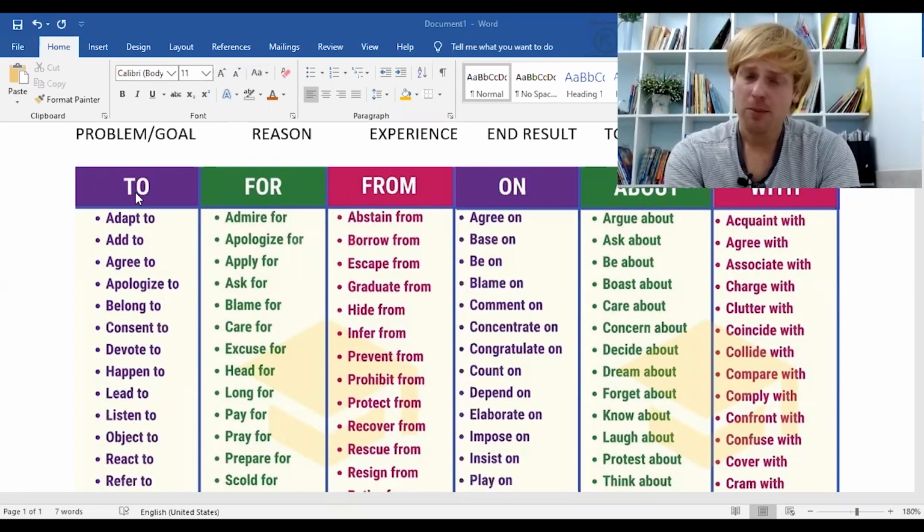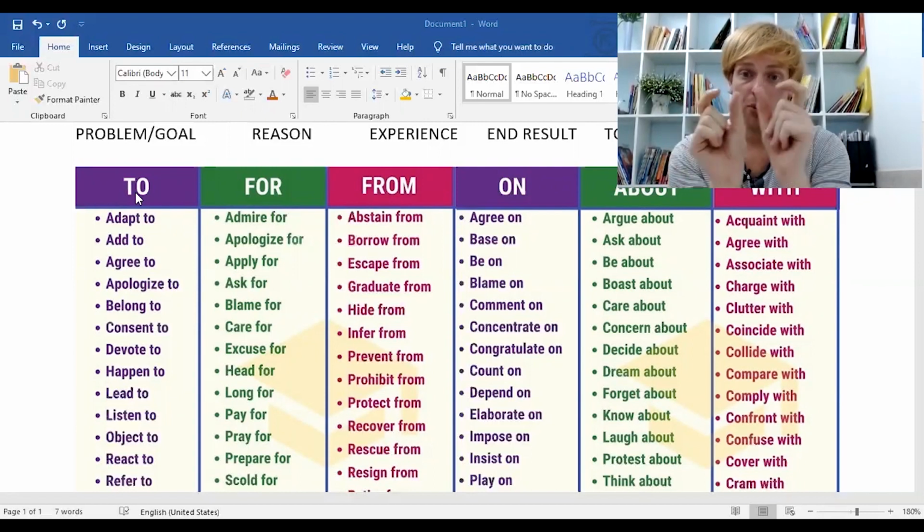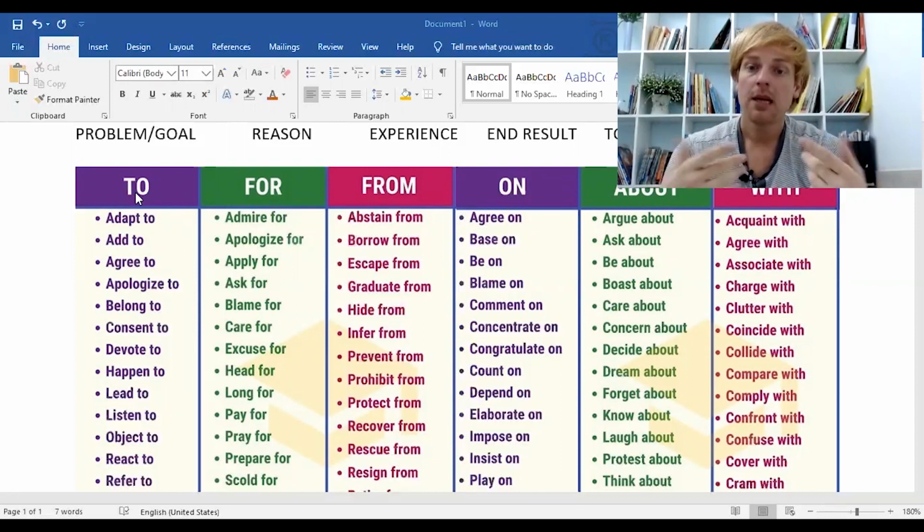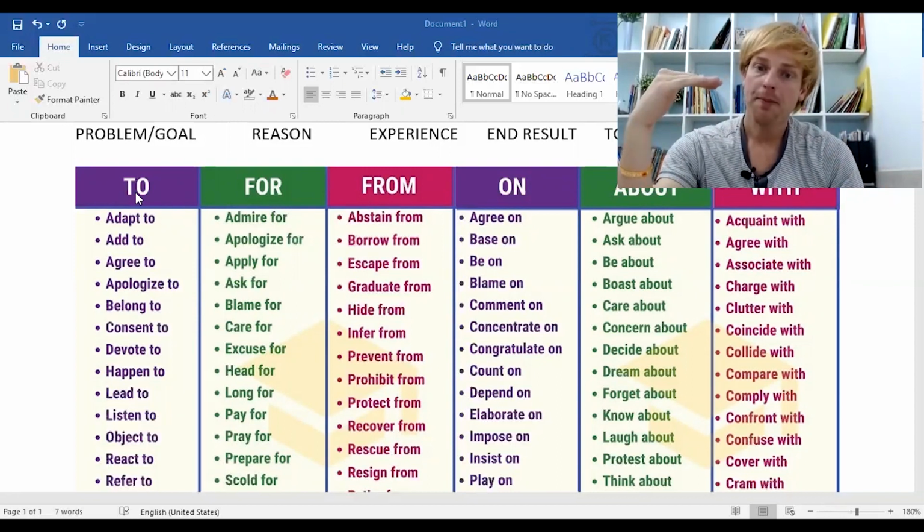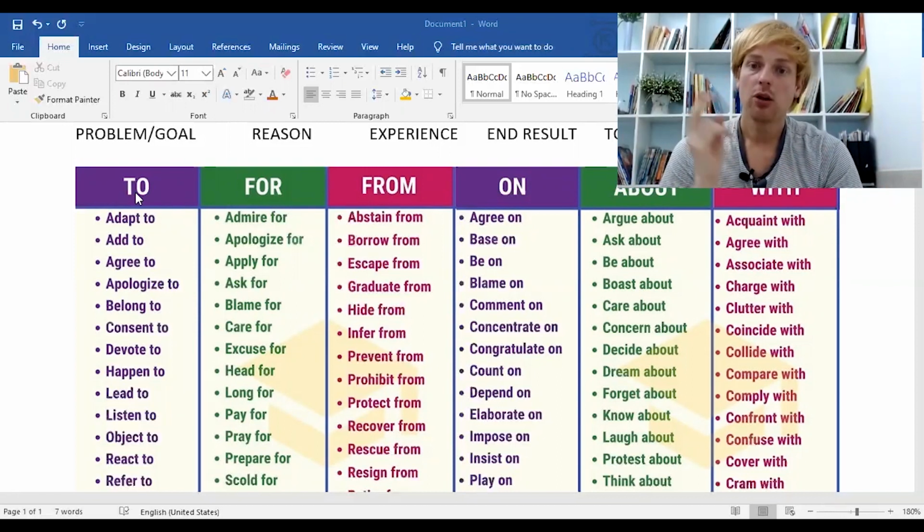They don't seem very important, but they can definitely change the meaning of your word, your sentence, especially if it's connected to a verb. All of these are called phrasal verbs. It's a verb and a preposition together, such as grow up, find out, look for, these words.